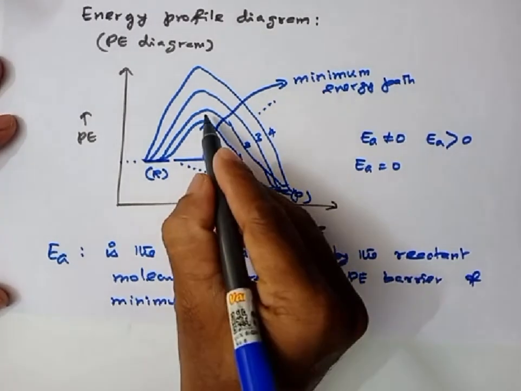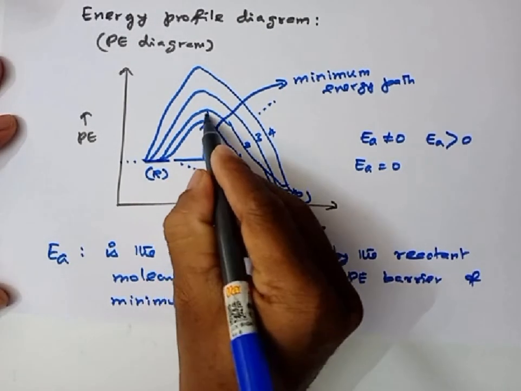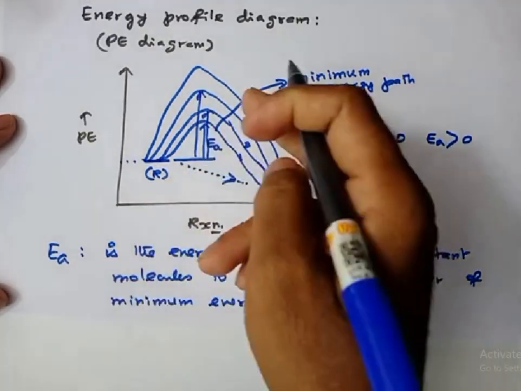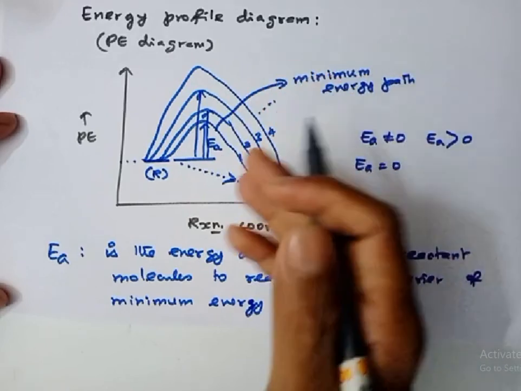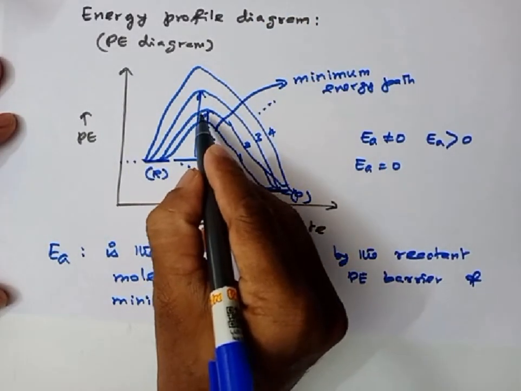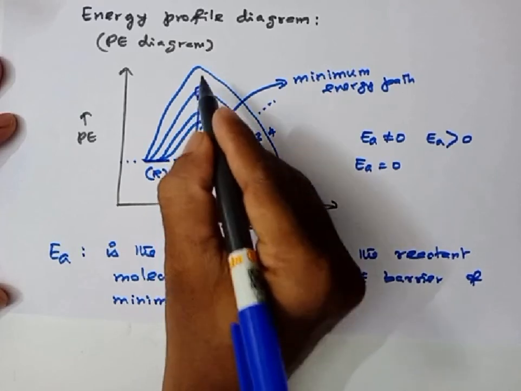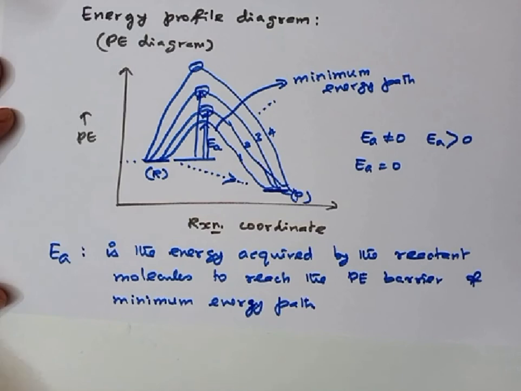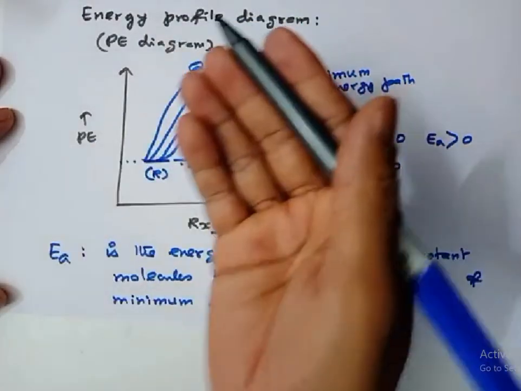For other paths also, we have a potential energy barrier. But these energies are not activation energy, they are all above activation energy. If a molecule comes here, those molecules are also called active molecules, because they have energy above activation energy.